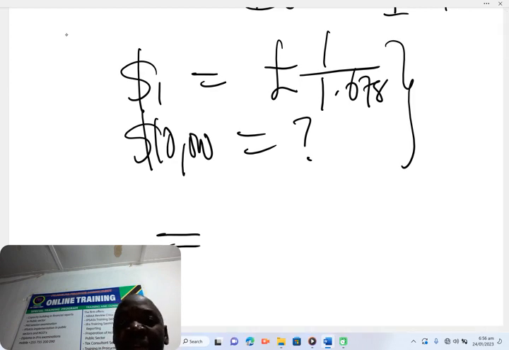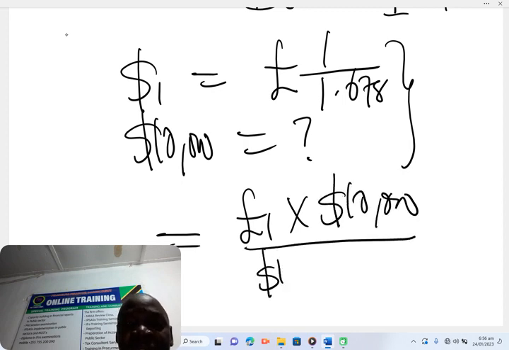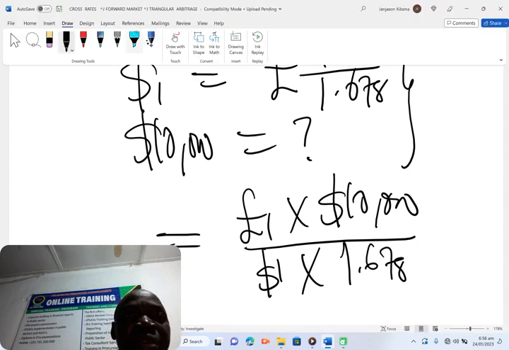So, remember, we have pound 1 times $10,000 divided by $1 times 1.678. Now compute the pound.